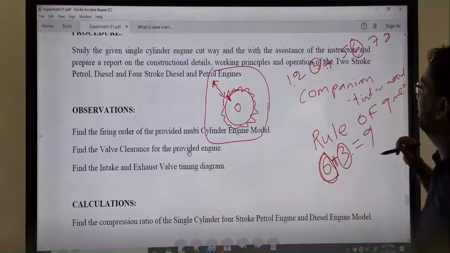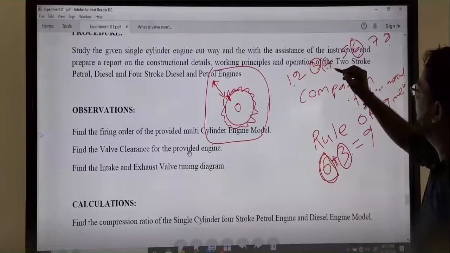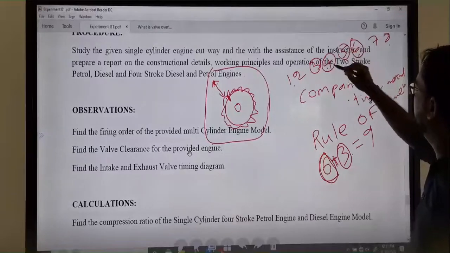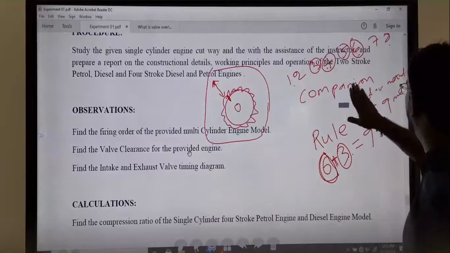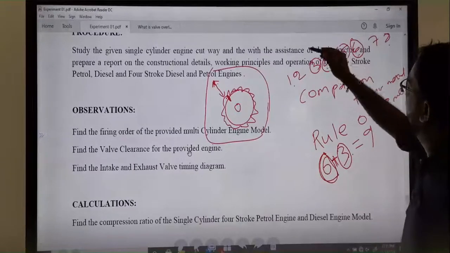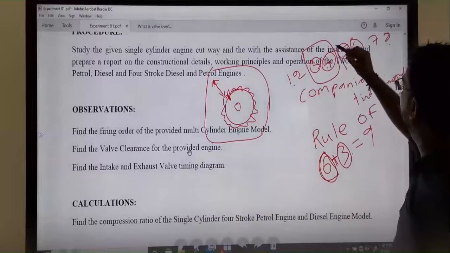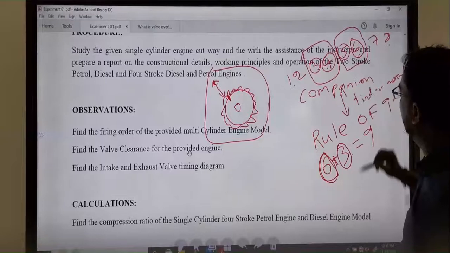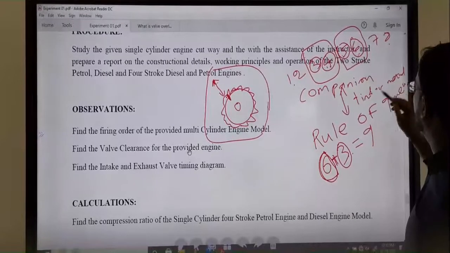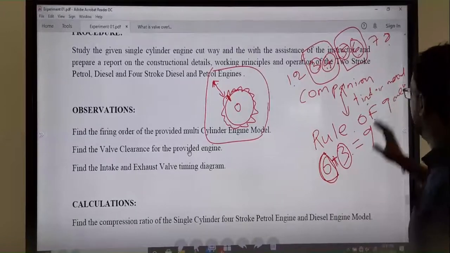They are interconnected. The total of 4 and 5 is 9. That's why I already told you the companion cylinder is also like this. When the second cylinder's both valves are open, we can adjust the third cylinder. Both are interconnected. These are the companion cylinder rule and the rule of 9 method.